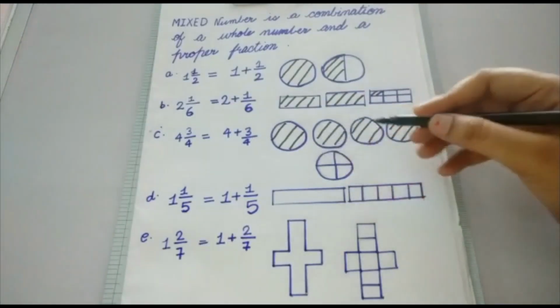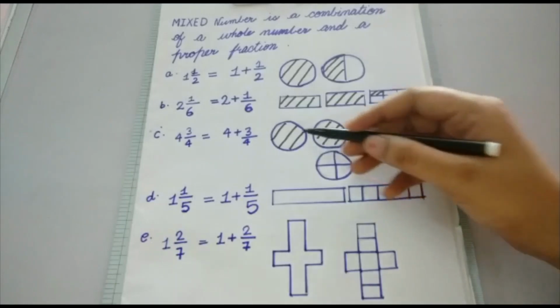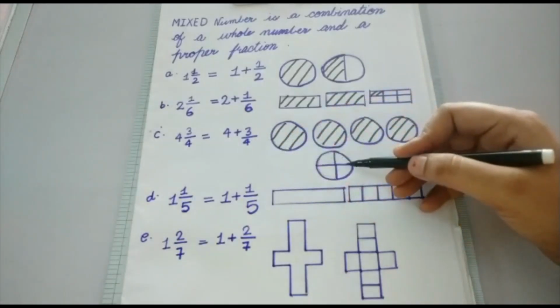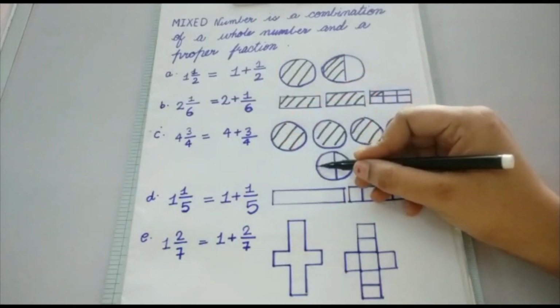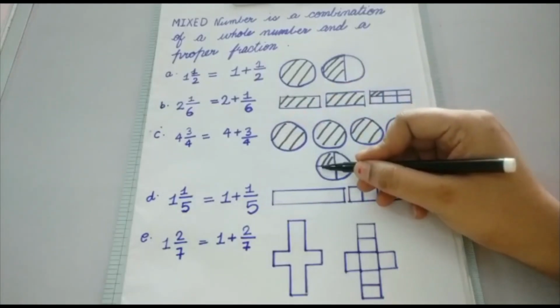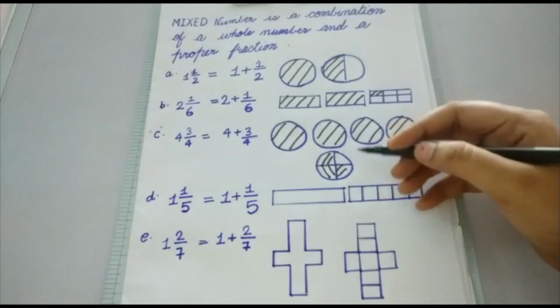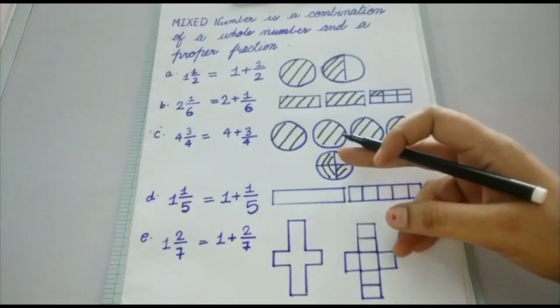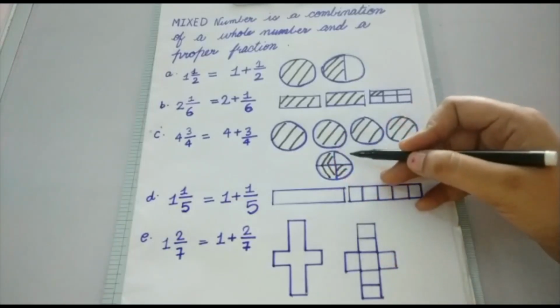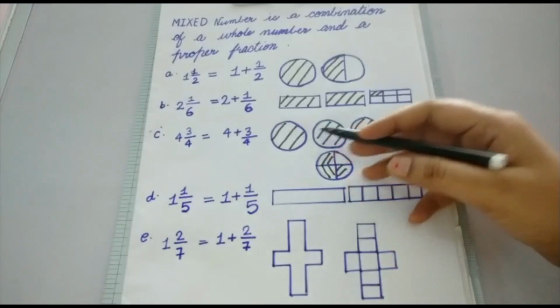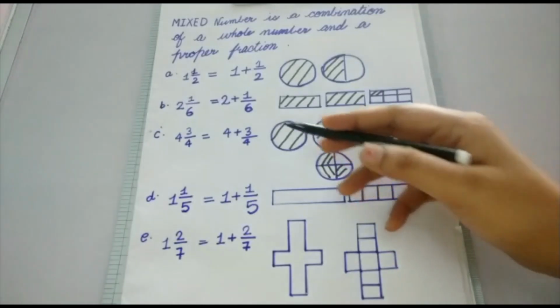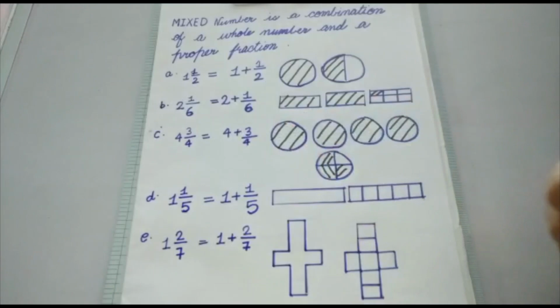So we take 4 whole things and then we make 4 parts of a whole, and we need to take or shade only 3 parts of it. That is representing 4 3 by 4, this shaded part. What we have not taken is unshaded part. So this shaded part represents 4 3 by 4.